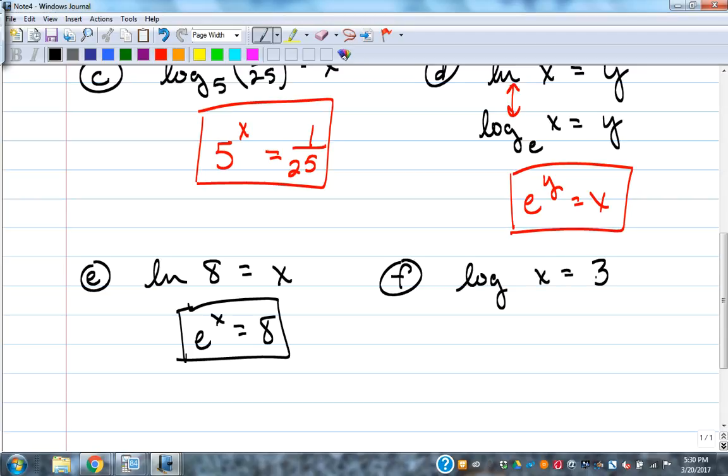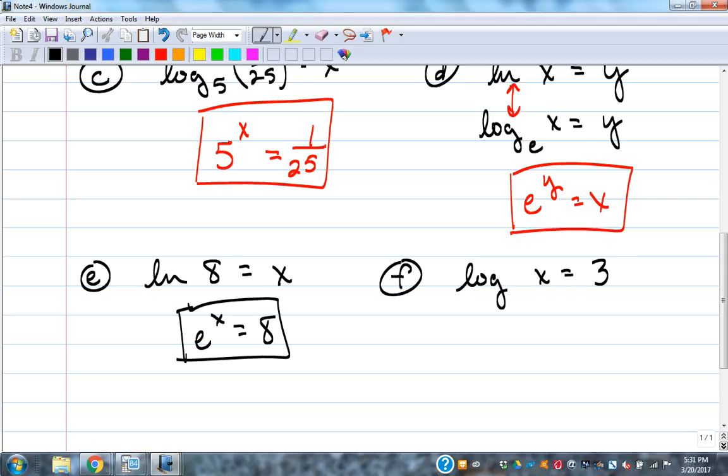Now this one is log of x equals 3. They don't write a number there, but there's an understood number there: 10. Log base 10, because our number system is a base 10 number system. The reason it's base 10 is that 10 to the 0 power is the ones digit, 10 to the first power is the tens digit, 10 to the second power is the hundreds digit, and 10 to the third power is the thousands digit.